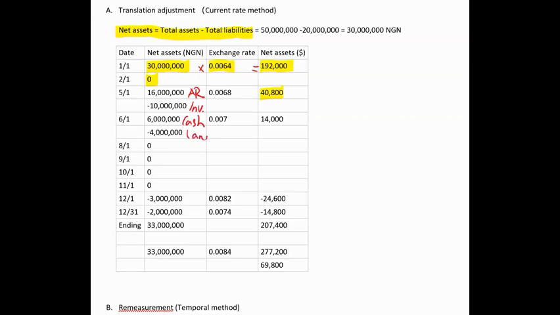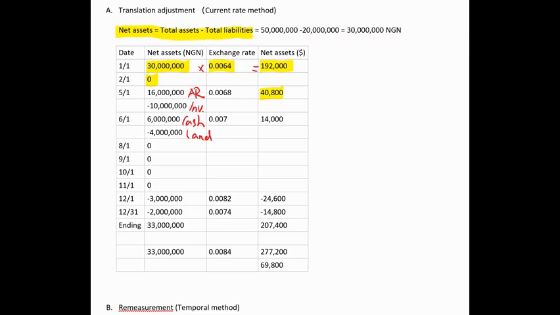Then we credit gain on sale 2 million, but that's neither an asset nor a liability, so we ignore that. So the net impact on our net asset is a positive 2 million NGN, times the exchange rate on June 1st, which is 0.007, and the corresponding US dollars for this transaction is $14,000. Okay, so that's June 1st.